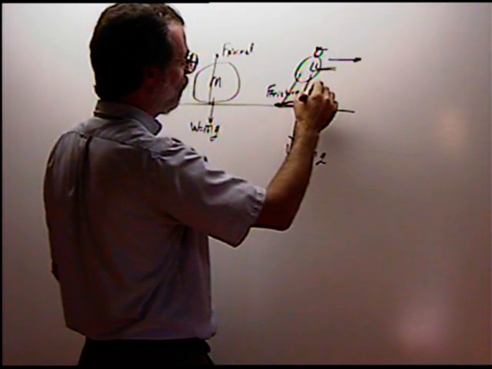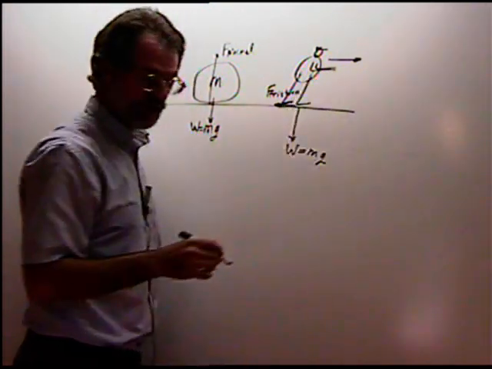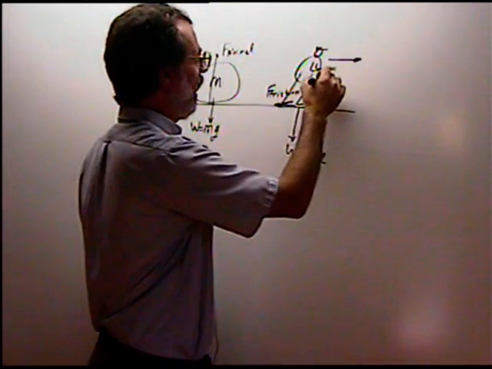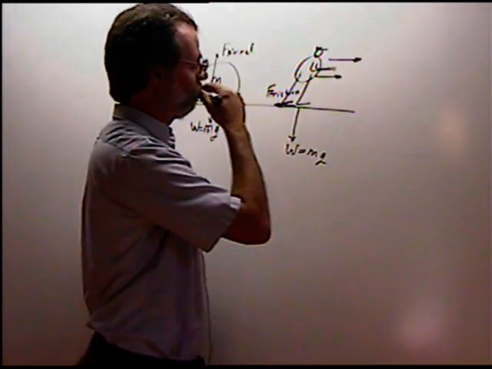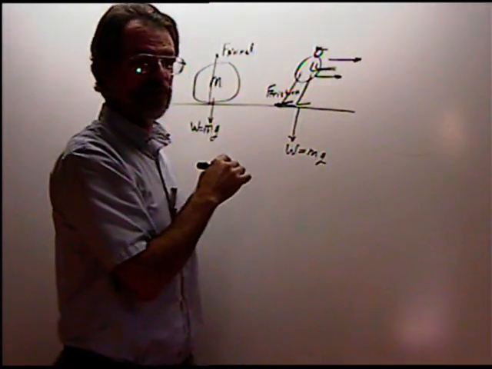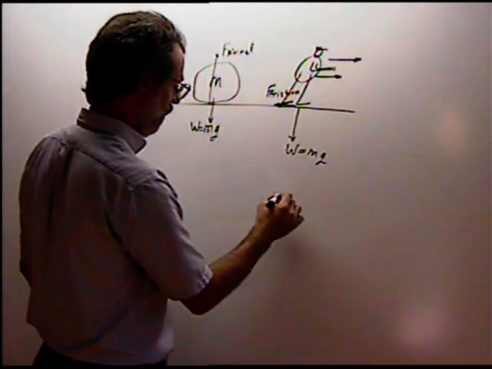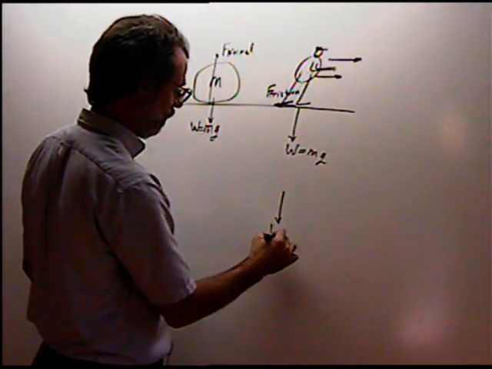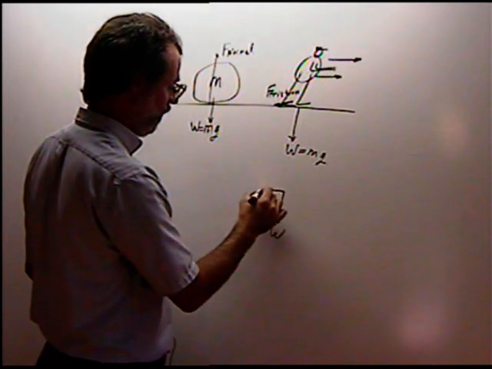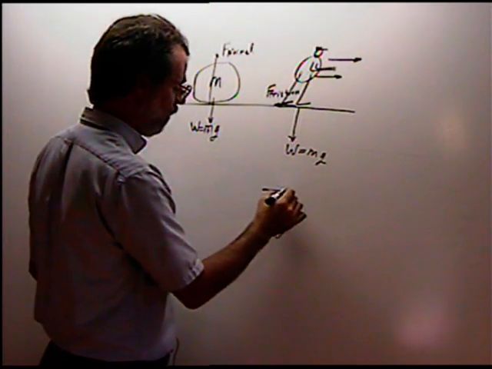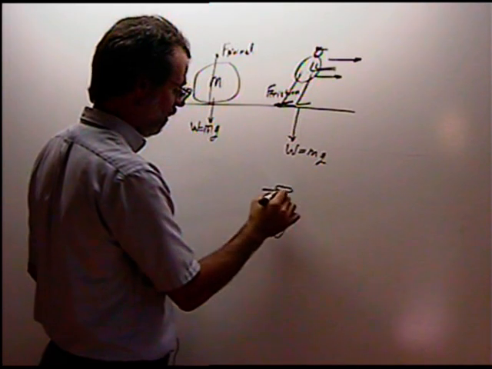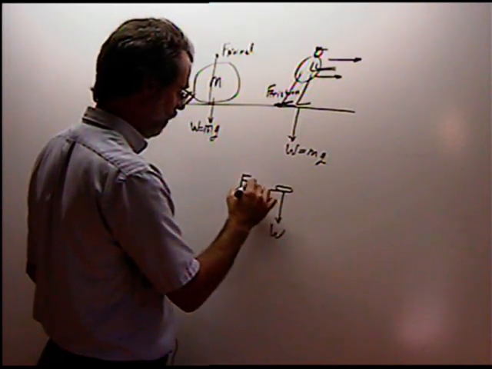You have to apply a force acting this way. But notice the sum of these: you have the weight acting down, and the friction acts this way on your foot.